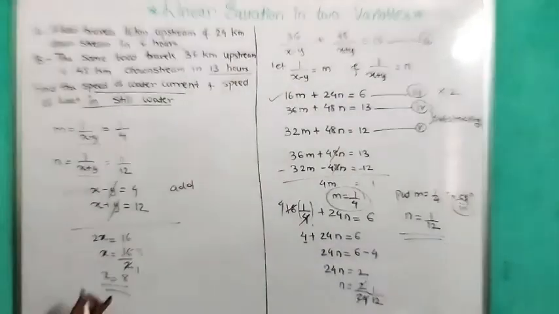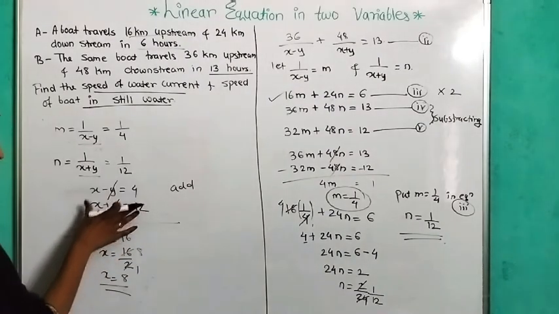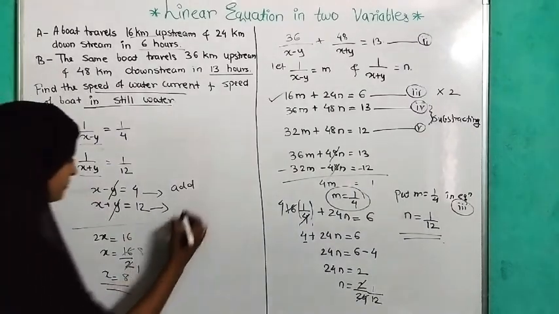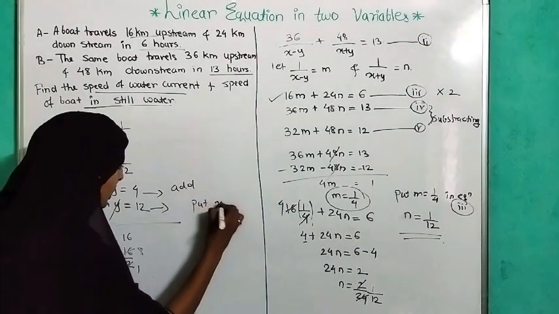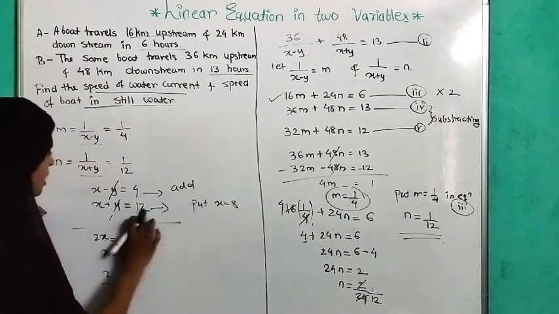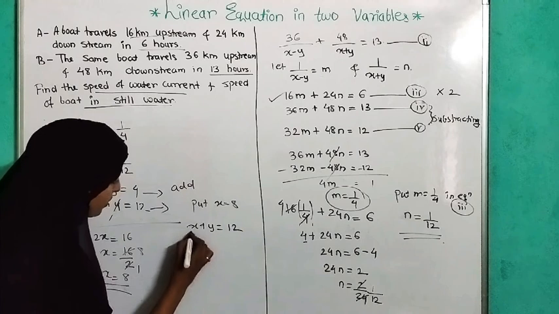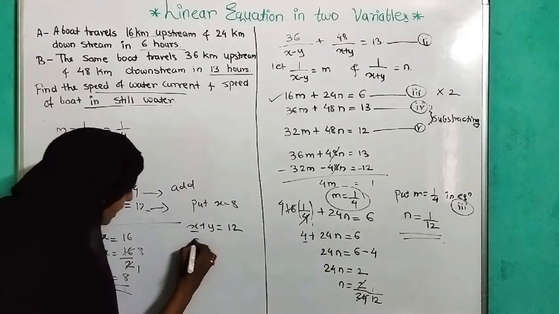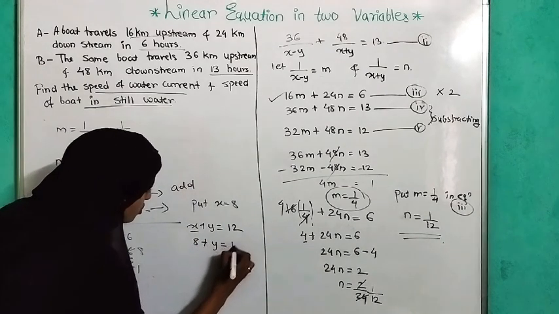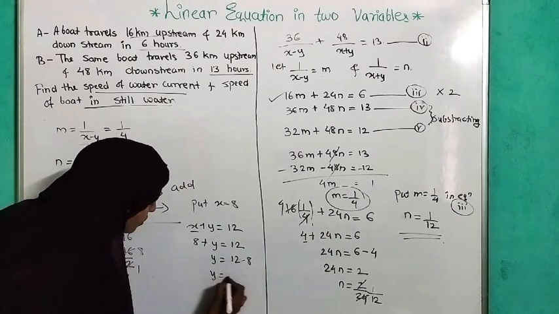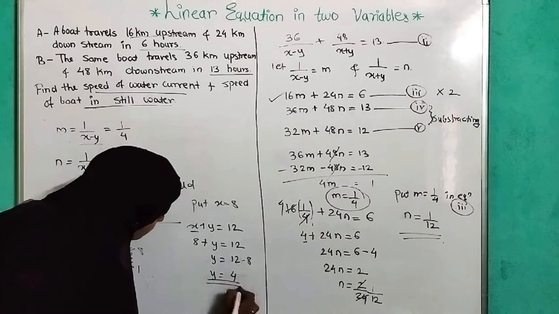If we put x is equals to 8 in this equation or this, we get the value of y. Put x is equals to 8. x plus y is equals to 12. If you put x is equals to 8, then 8 plus y is equals to 12. Then y is equals to 12 minus 8 and y is equals to 4.